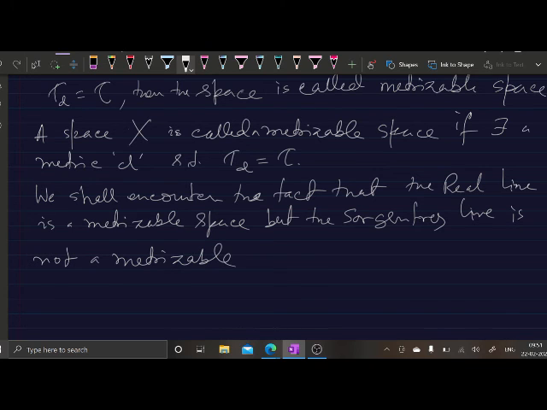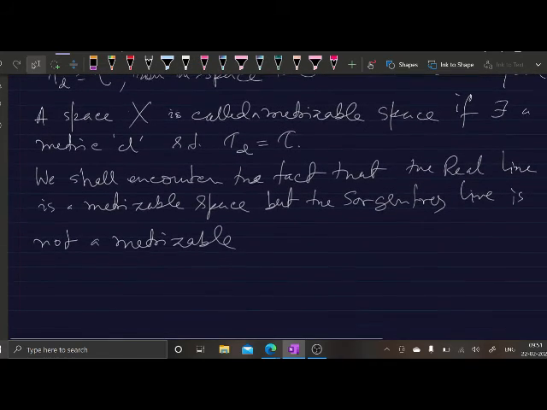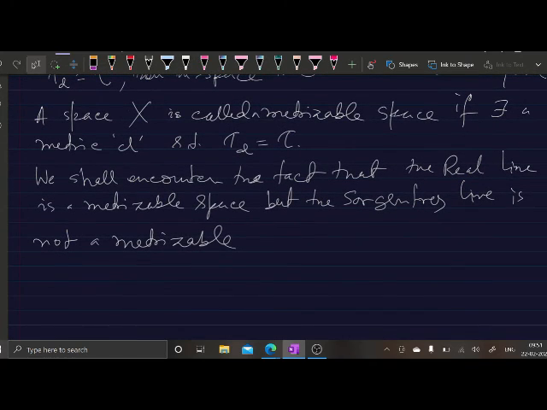You cannot find any metric such that the metric topology determined by the metric will coincide with the lower limit topology.